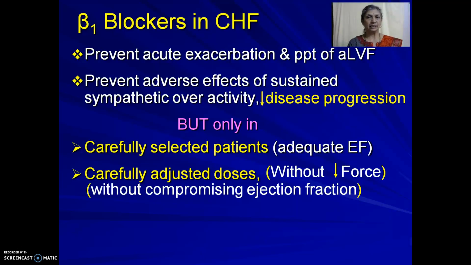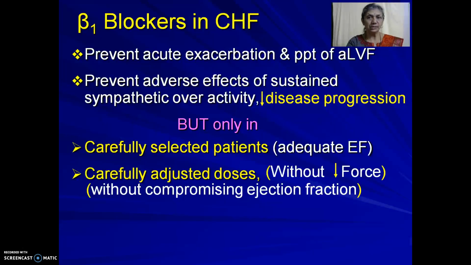So carefully selected patients with well-maintained ejection fraction and careful adjustment of dose, so that it will only prevent tachycardia in spite of sympathetic overactivity but not further compromise the force of contraction. These are essentials if we want to think of using beta blockers in congestive heart failure patients.